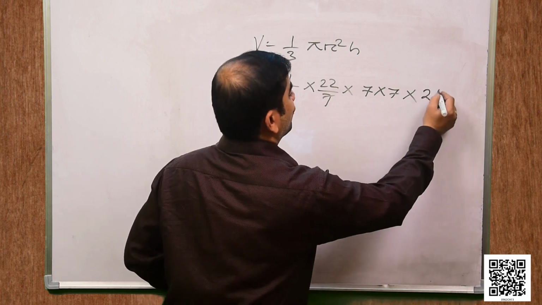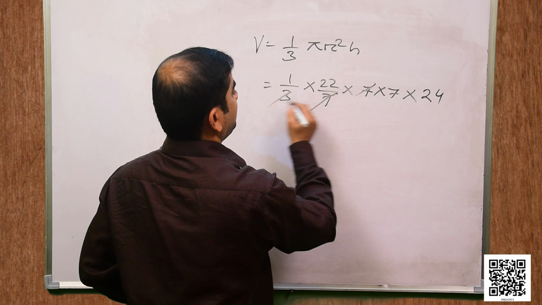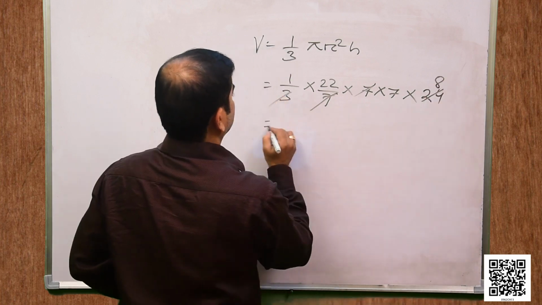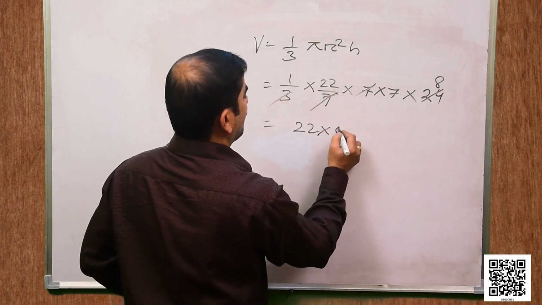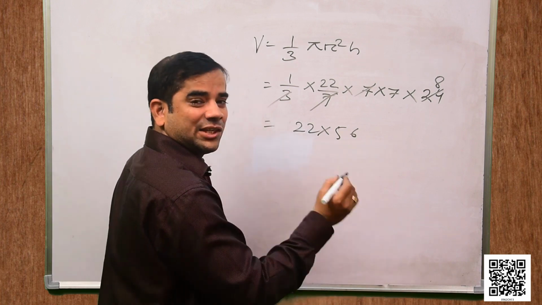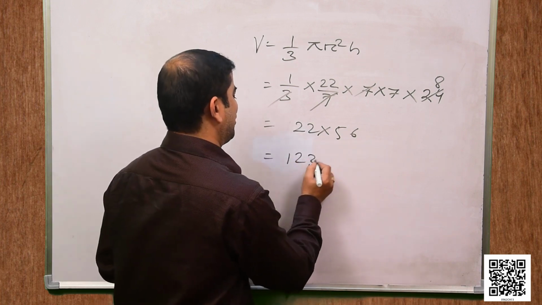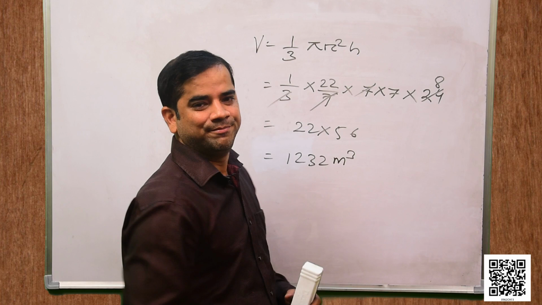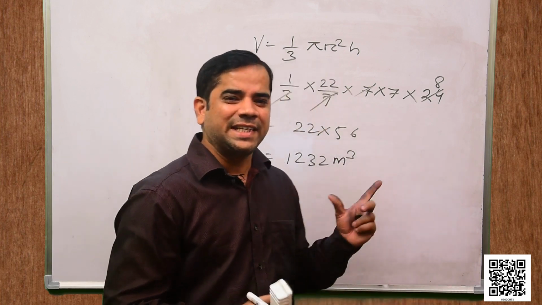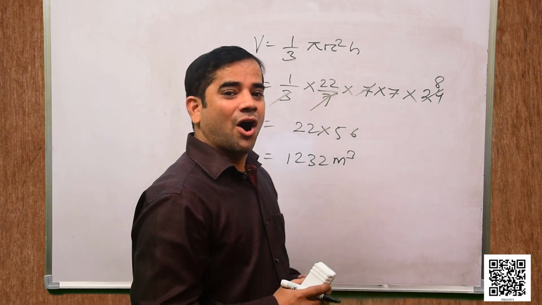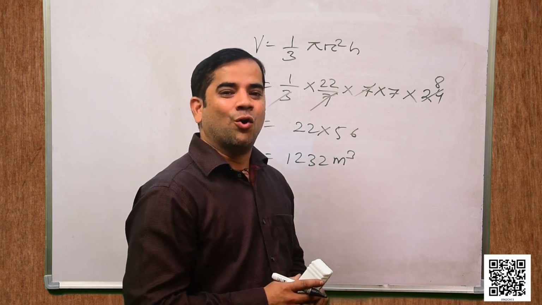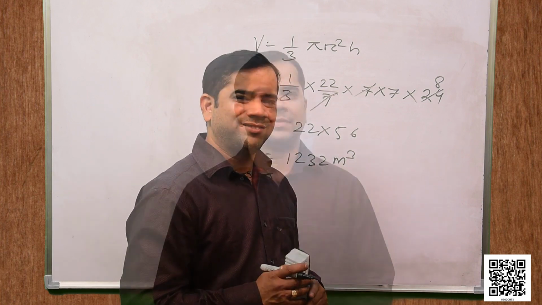Height is found to be 24. So 22 into 56, that is equal to 1232 meter cube. Okay. So this is the volume of the conical tent. Hope you understand the solution.